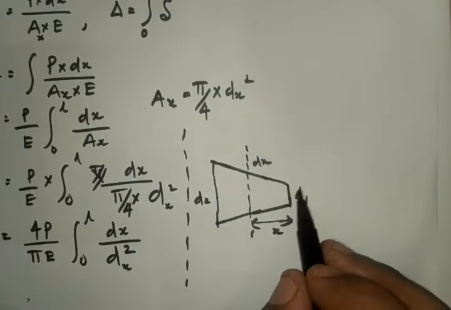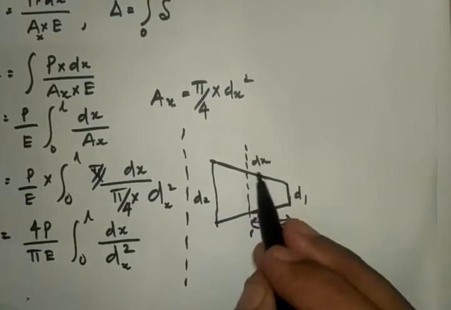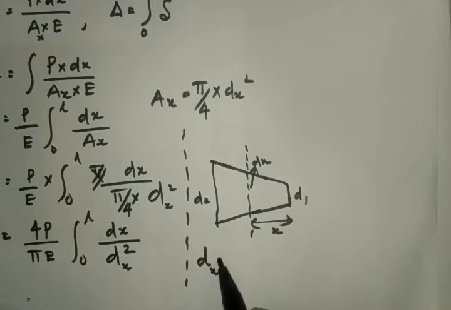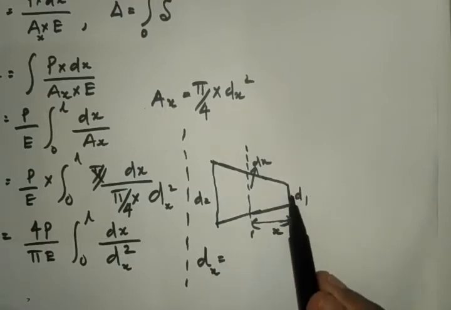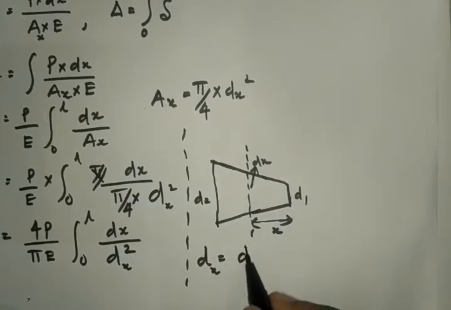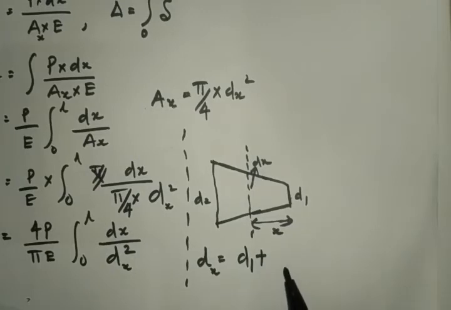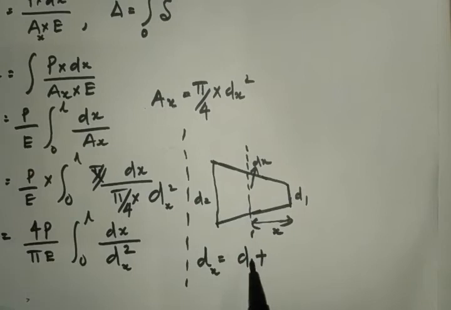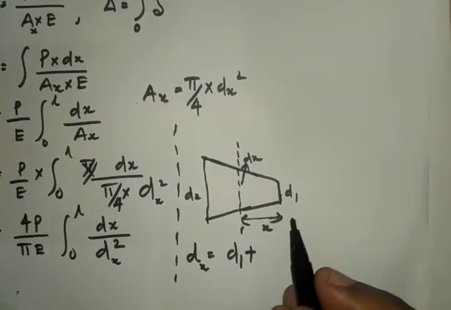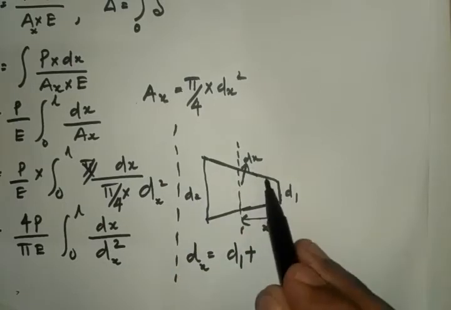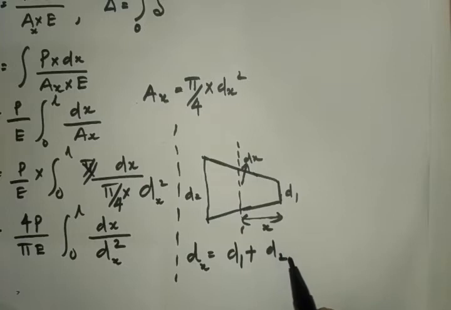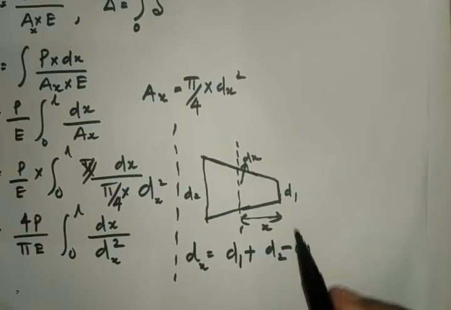So Dx will be D1 plus, by using simple trigonometric functions you can find out, D1 plus the total difference between D2 and D1, that is D2 minus D1.